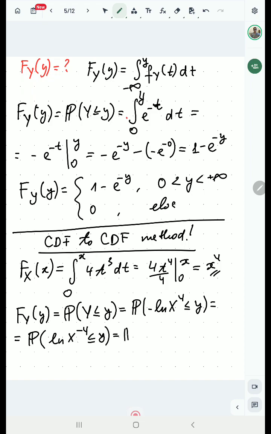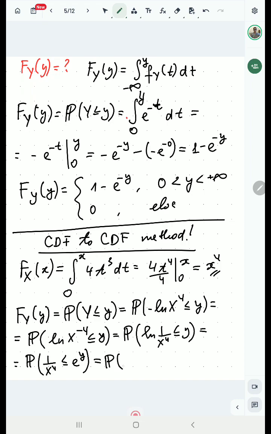That is the same thing as ln of 1 over x to the power 4 being less than or equal to y, which is the same thing as, if you exponentiate both sides, the probability that 1 over x to the power 4 is less than or equal to e to the power y. But now we want to switch numerator and denominator, and once you do that, we have to be careful. We have to switch the inequality sign.